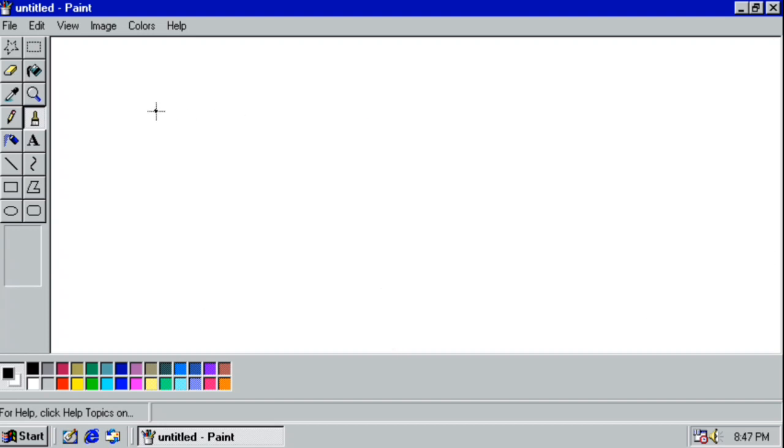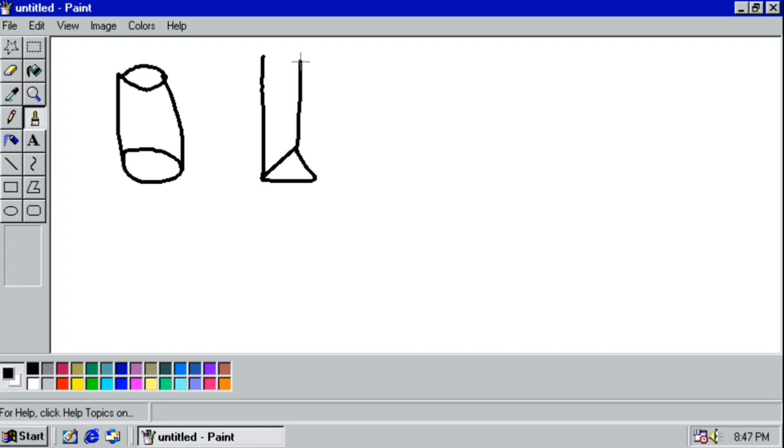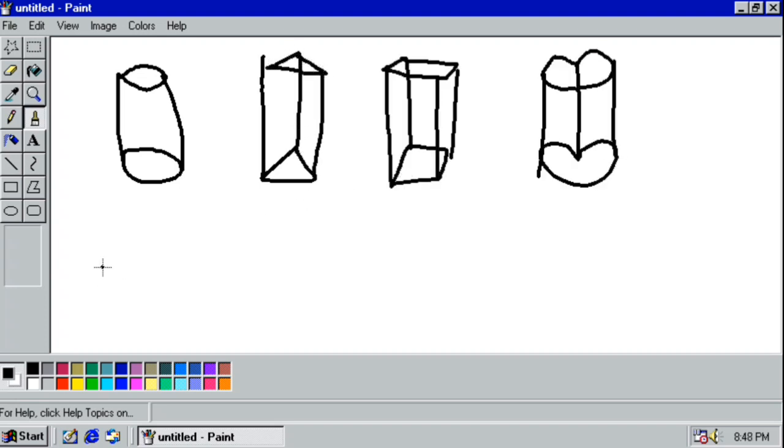Okay, so let's say we have different kinds of cylinders here with different shapes of the base. Let's say the area of the base is 10 square centimeters.